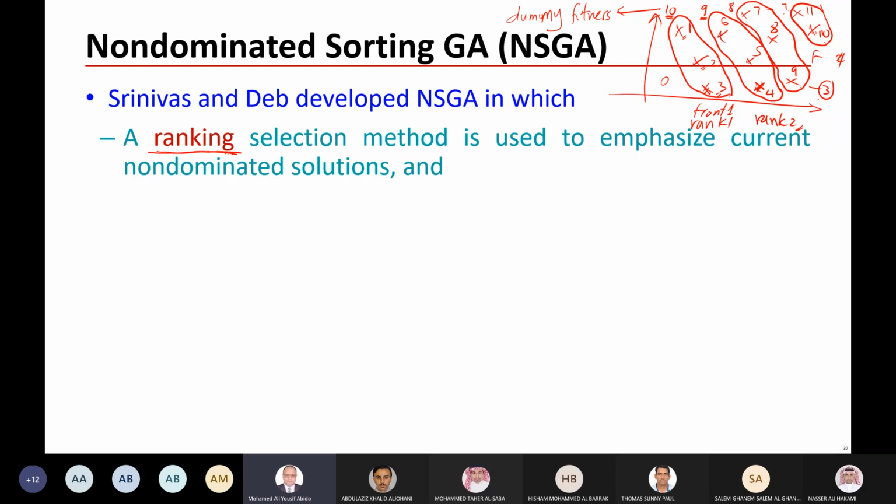Now we are moving to the multi-objective evolutionary algorithm, NSGA, the non-dominated sorting, ranking, genetic algorithm. So we are talking now about genetic algorithm. So we have generation, and then we need selection, and we go to generation 2 with crossover and mutation, and then we go to generation 3 and so on.